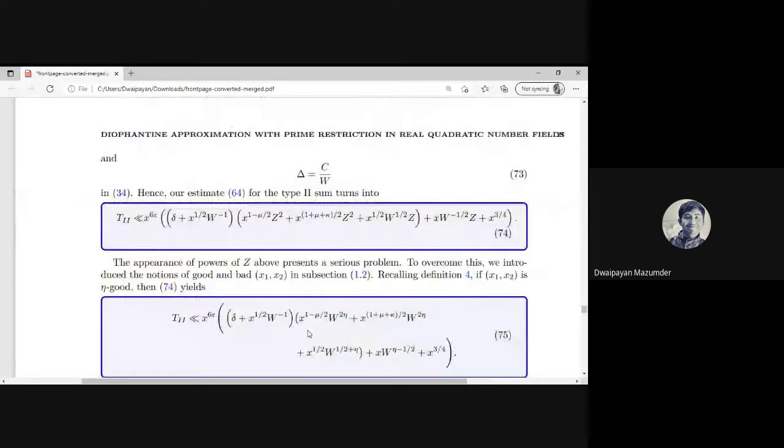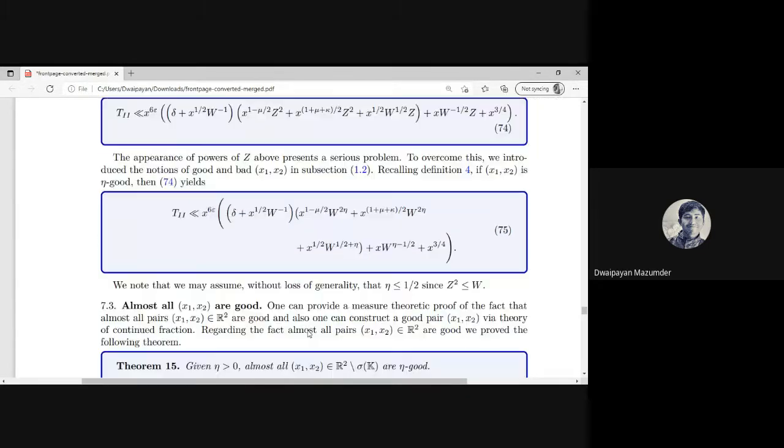After all such calculation, if you put capital delta equal to c by W, then you will get this t second. And also you now need to assume that it is a good pair, and then you have proved something, 75. Okay, so ultimately your type sum would be less than this particular 75.